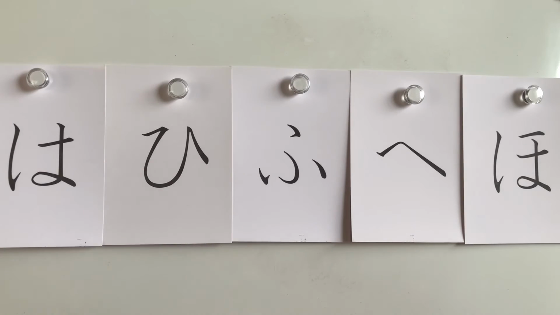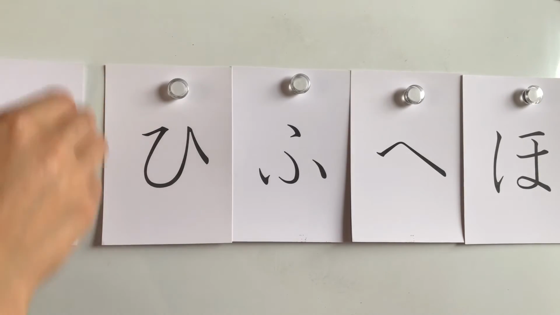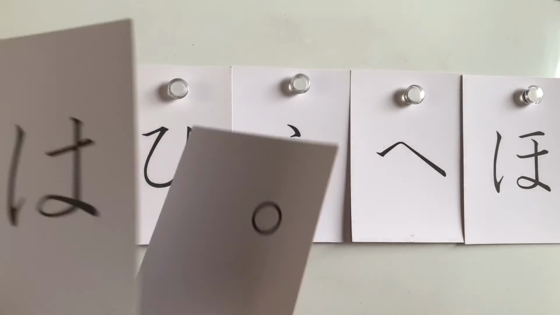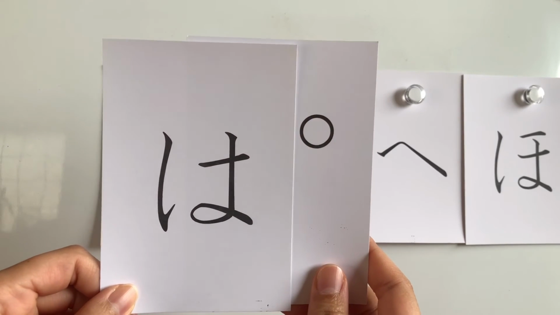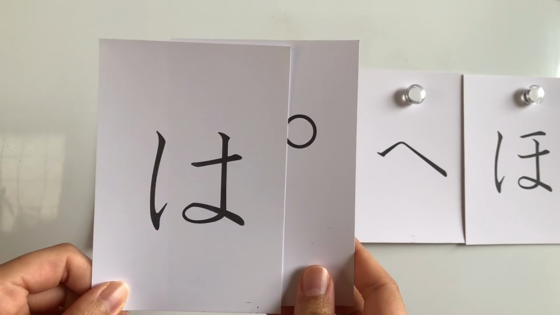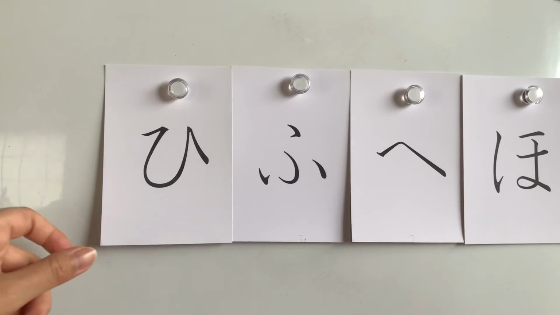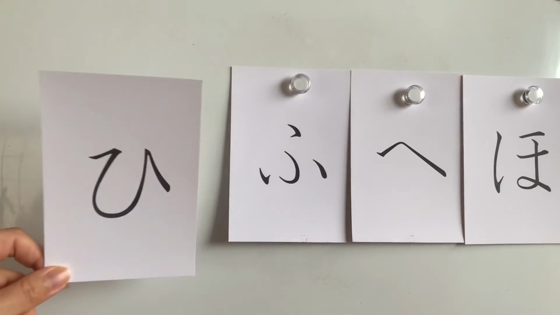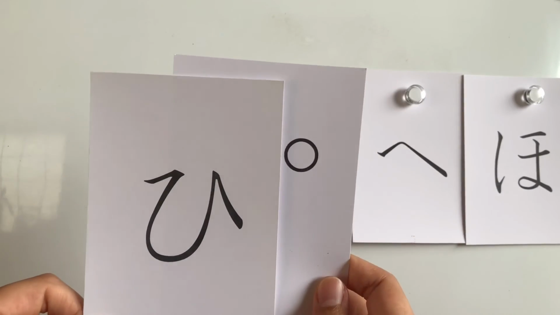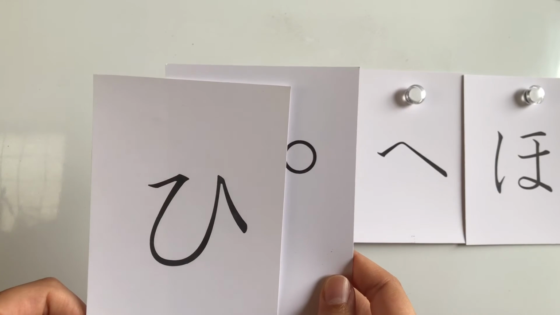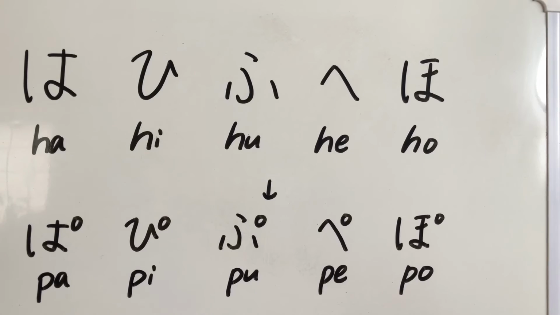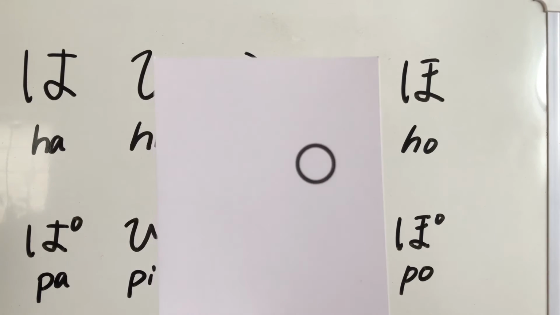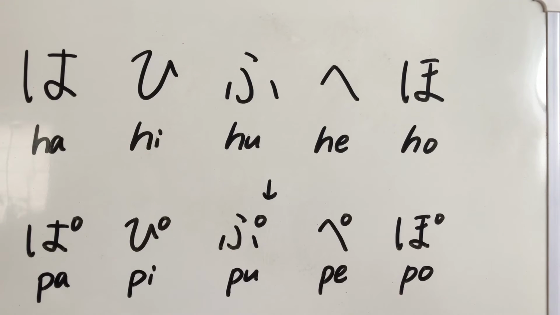And this one will come to the top right like this. For the next one here, it's the same, always top right of the letter. So here are the letters with the small circle, and as I said, it always comes on the top right.